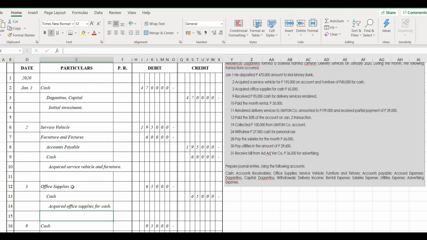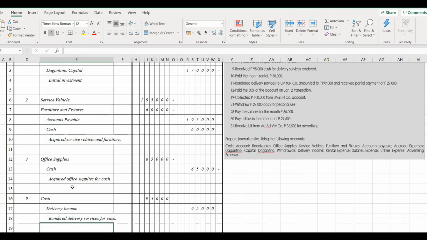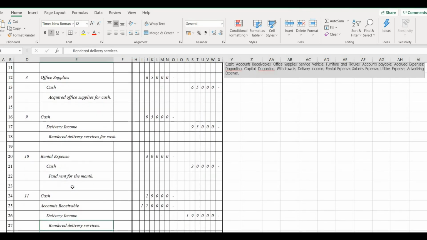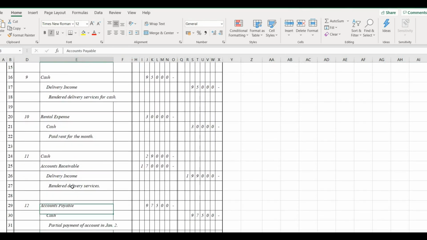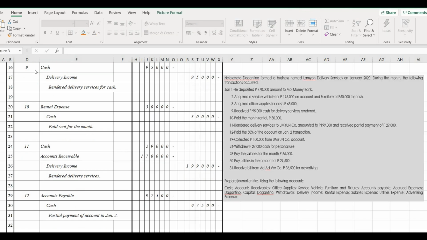Okay. So, the next transactions, I have already filled it up. So, ito na yung mga journal entries for the remaining transactions. So, for January 9, I have here received 95,000 cash for delivery services rendered.